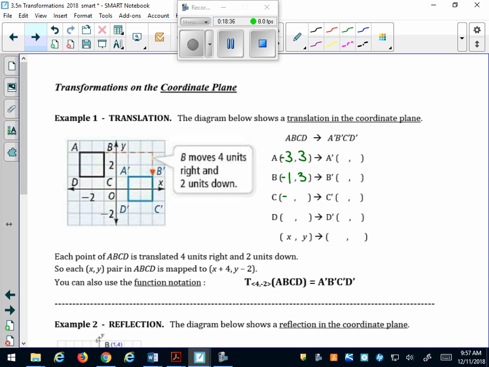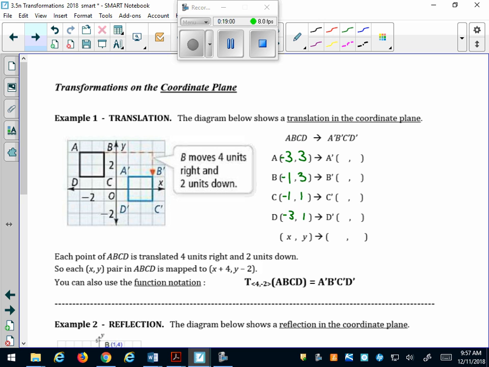C is at -1, 1, and D is at -3, 1. So that's our original image. There's no primes. And it maps onto A prime, B prime, C prime, D prime. So let's put the coordinates of those.